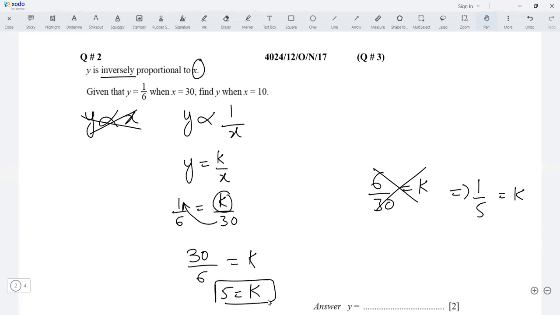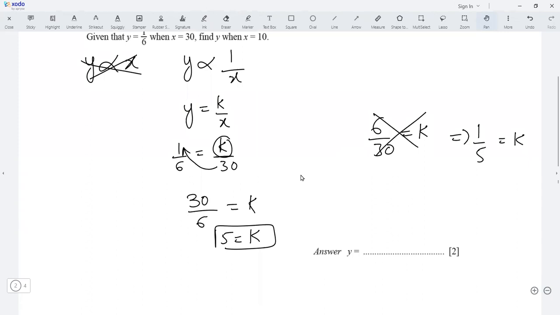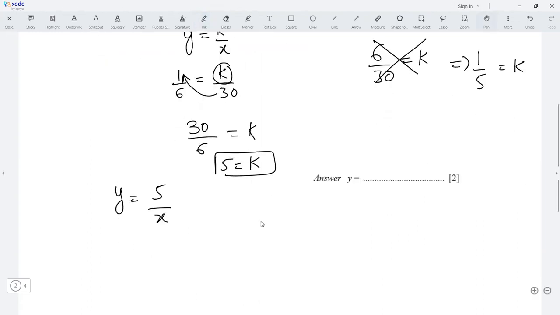Okay, most of the students cut down 5 over 10. Okay, I'm doing the next step again. And then we put this value into the equation connecting x and y, and when x is 10, they're writing down 5 over 10.